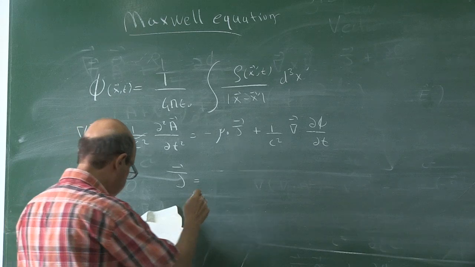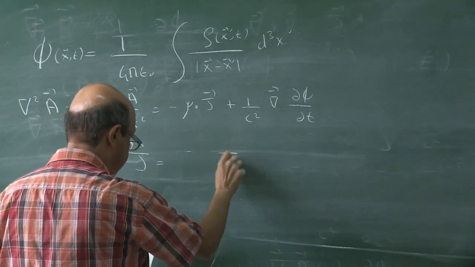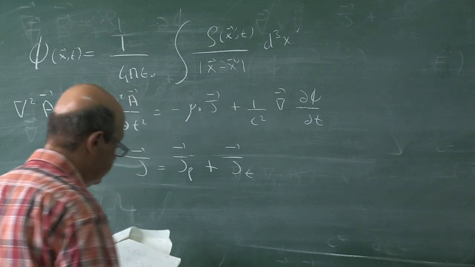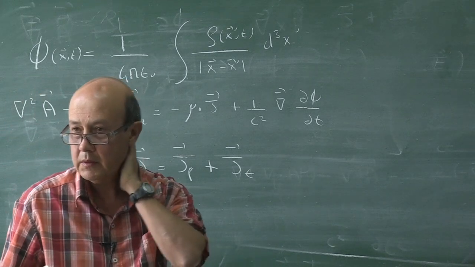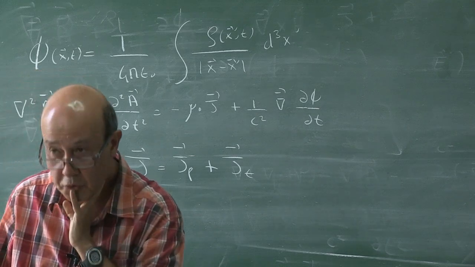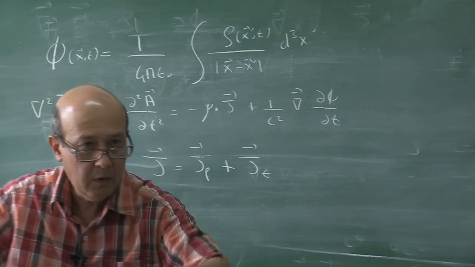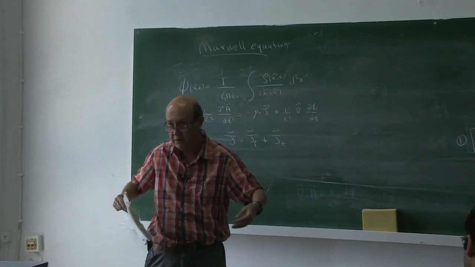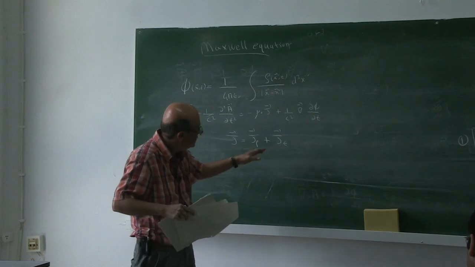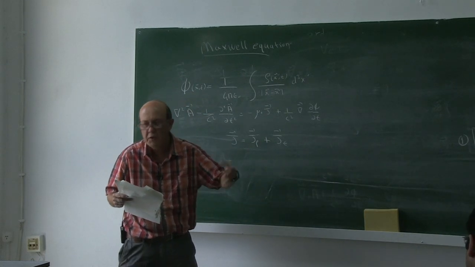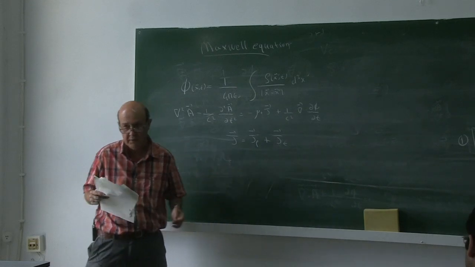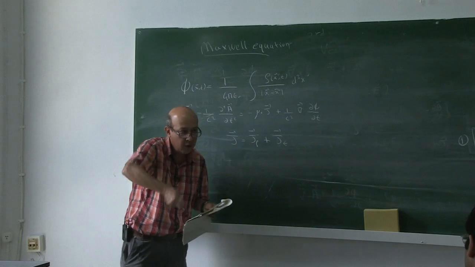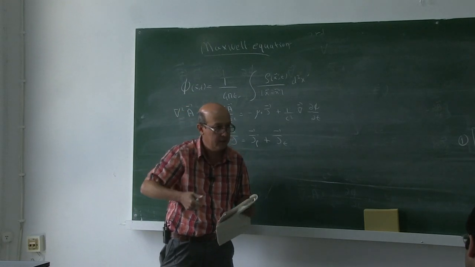One is the transverse, the other is the longitudinal. As an example, longitudinal means that if you have a very long, infinitely long wire, that is the longitudinal current density. For the transverse current density, what could it be? A solenoid or an antenna. You can decompose.